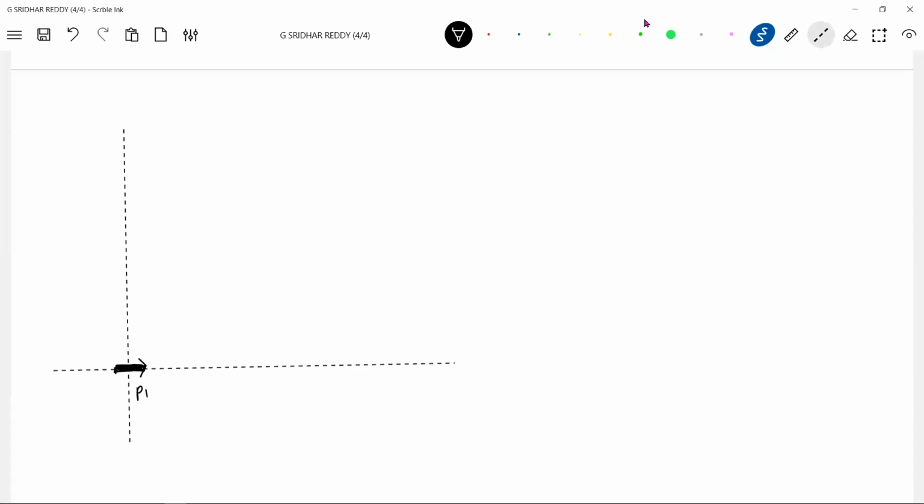The other dipole is somewhere here. This is the theta. It is making some angle alpha.